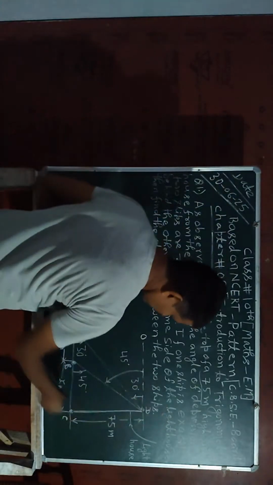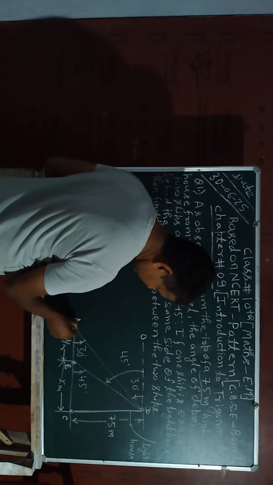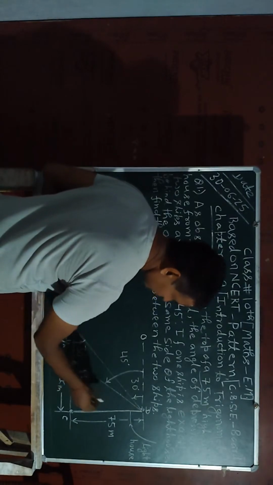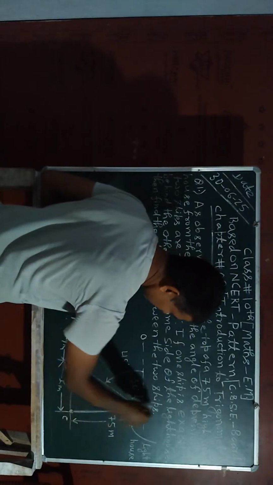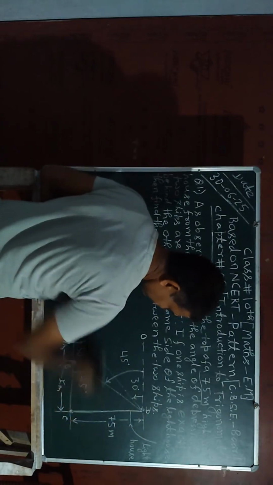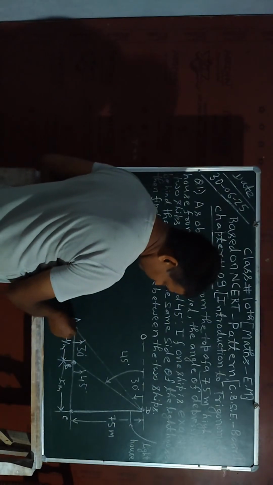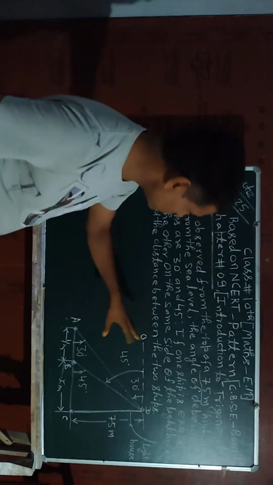This is the lighthouse, and both ships A and B are on one side of it, with one ship behind the other. That is given in the question.